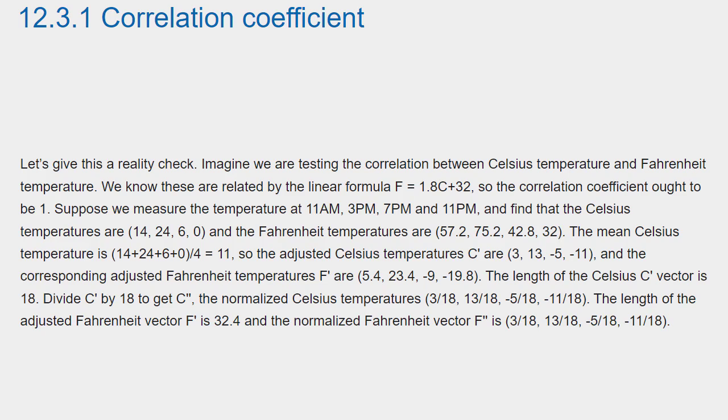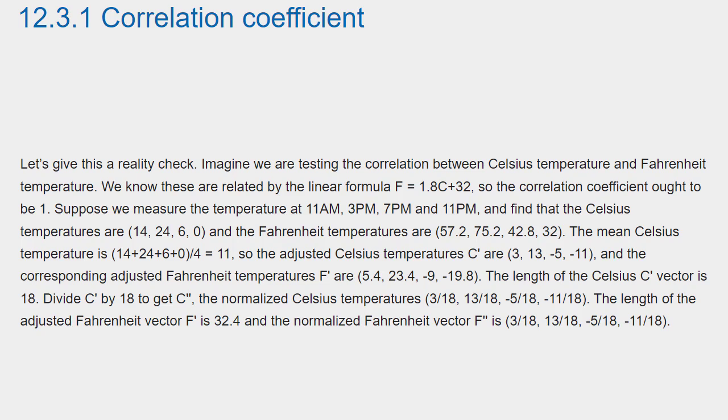So the adjusted Celsius temperatures, C prime, are 3, 13, minus 5, minus 11, and the corresponding adjusted Fahrenheit temperatures, F prime, are 5.4, 23.4, minus 9, minus 19.8. The length of the Celsius C prime vector is 18.